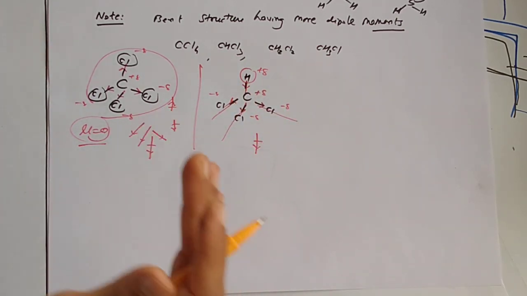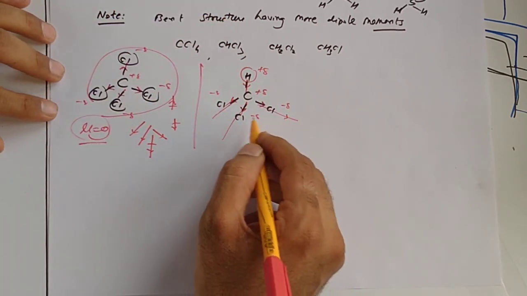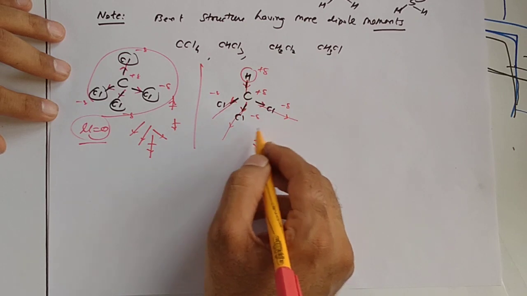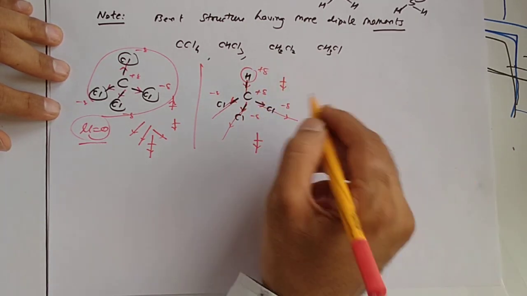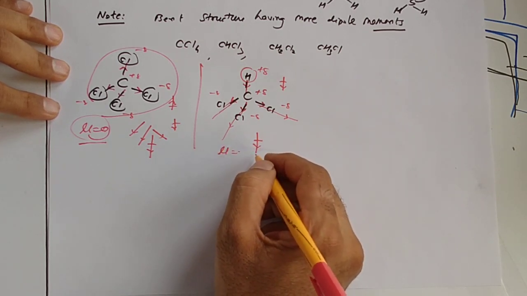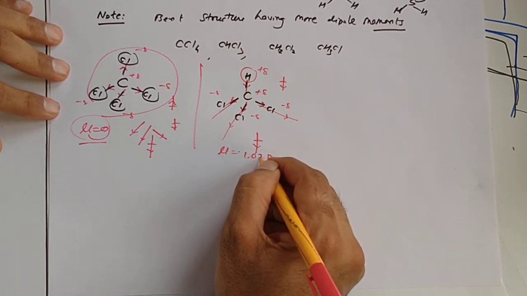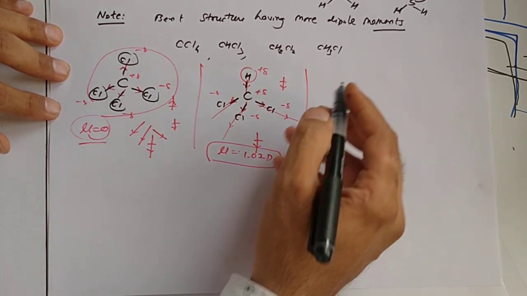If centralized, it is maximum. Here 3 vectors are dividing in 3 different directions, so the average is less. This one is also downward, but the dipole moment of it is 1.02 due to dividing in 3 different directions.